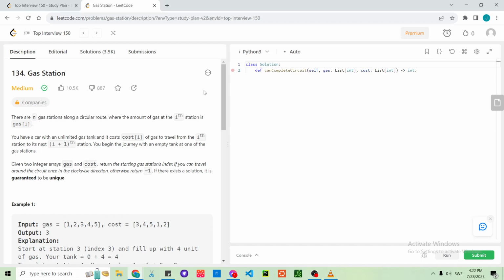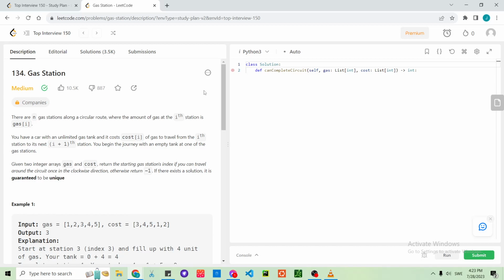Given two integer arrays, gas and cost, return the starting gas station's index if you can travel around the circuit once in the clockwise direction. Otherwise, return -1. Okay, if there is a solution, it's unique.